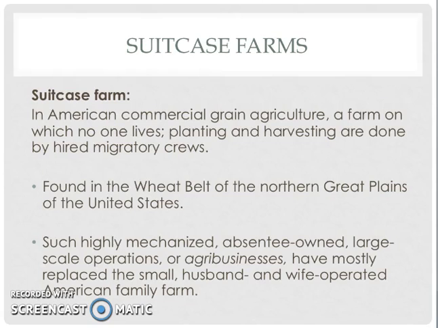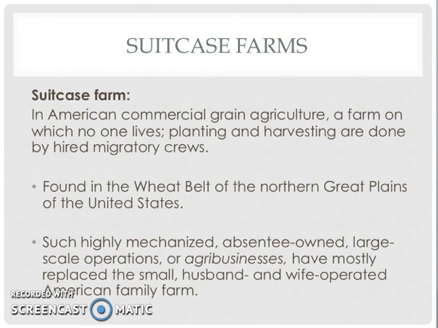Suitcase farms are another regional iteration of present-day agriculture. In American commercial grain agriculture, this is a farm on which nobody lives. Planting and harvesting are done by hired migratory crews. Found in the wheat belt of the northern Great Plains of the U.S., such highly mechanized, absentee-owned, large-scale operations, or agribusinesses, have mostly replaced the small husband-and-wife-operated American family farm.